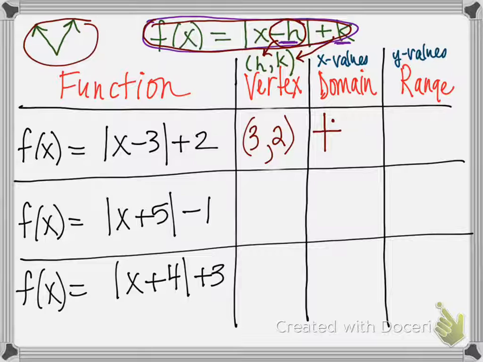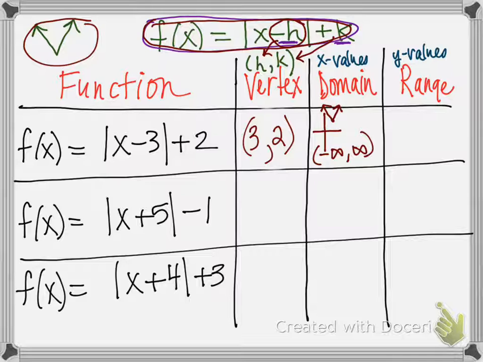I'm just going to estimate that there, and then it's the parent function, so it's going to be going up. So if I look at the smallest x value and the largest x value, this V shape covers both sides of the graph because it eventually opens left and right forever. So it's -infinity to +infinity. The smaller number goes first, so I wrote -infinity, and then the larger number goes second, which is +infinity.